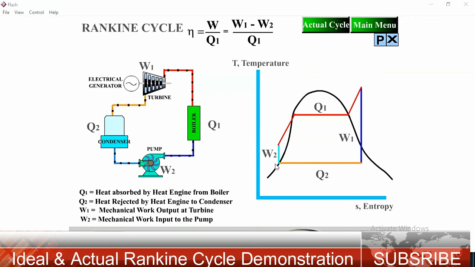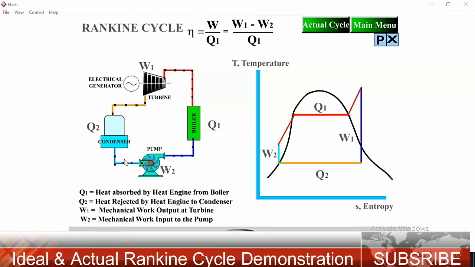And Q1 is the heat absorbed by the heat engine from the boiler. Q1 is H1, the enthalpy at this point, minus H4. So Q1 is equal to H1 minus H4, the heat supplied to the boiler. But Q2 is the heat rejected by the condenser for cooling purposes.